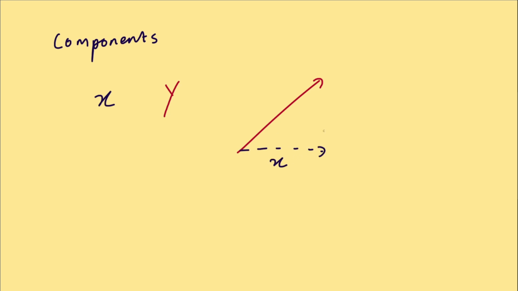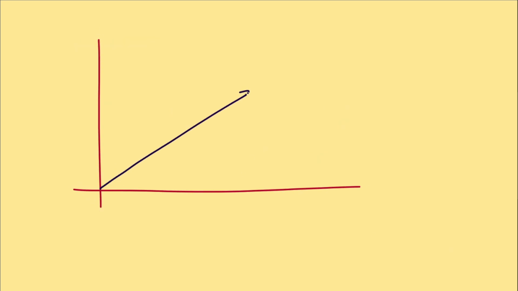Adding vectors by components basically means you add the x part and the y part, because every vector has its x part, its x component, and its y component. Well, let's see this concept in action. So let's take a vector, and we're going to call this vector v.